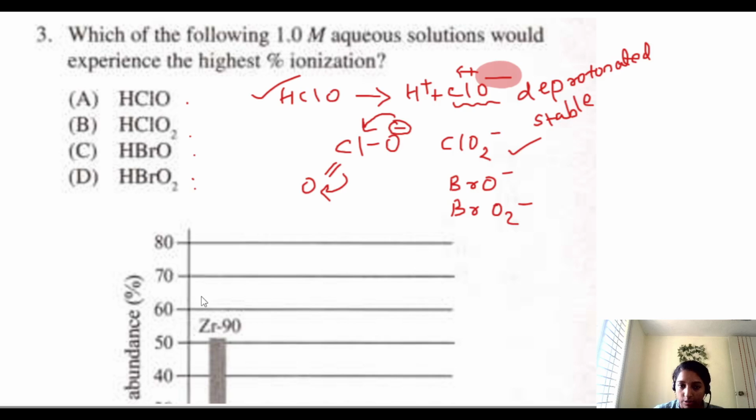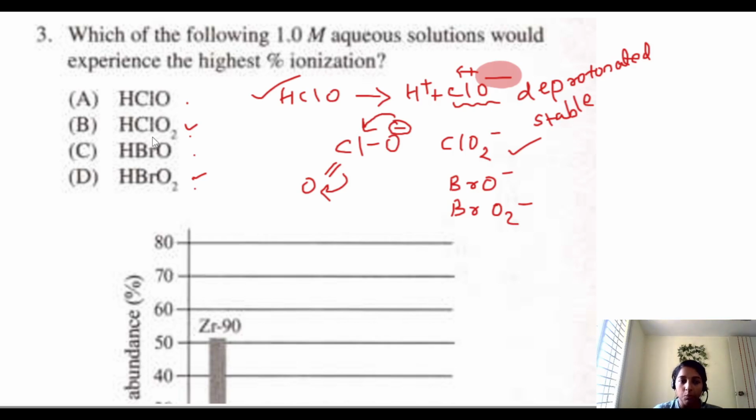This is how it works. Very little charge concentration will be the stable structure. So here, the more oxygen, the more the stabilization. Clear? So HClO2 or HBrO2.